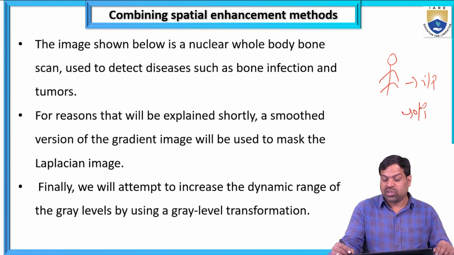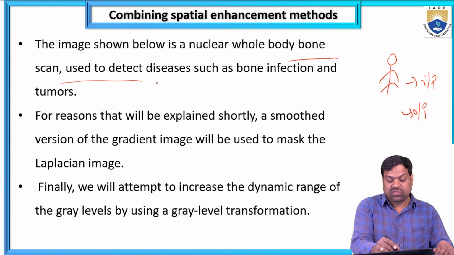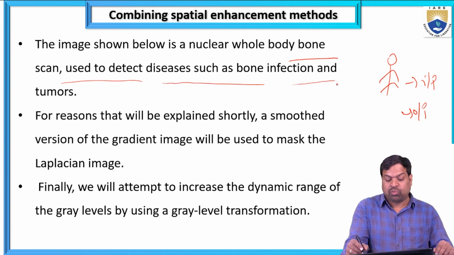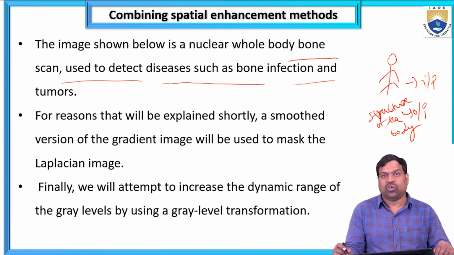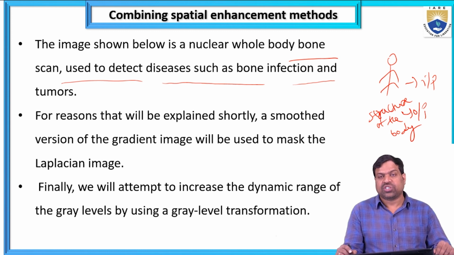My aim is the body bone scan used to detect disease such as bone infection and tumors, and the structure of the body. How do we find the structure of the body? The reason, which will be explained, is that a smoothened version of the gradient image will be used to mask the Laplacian image.